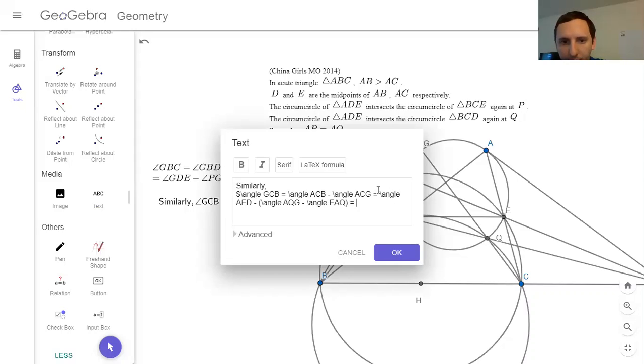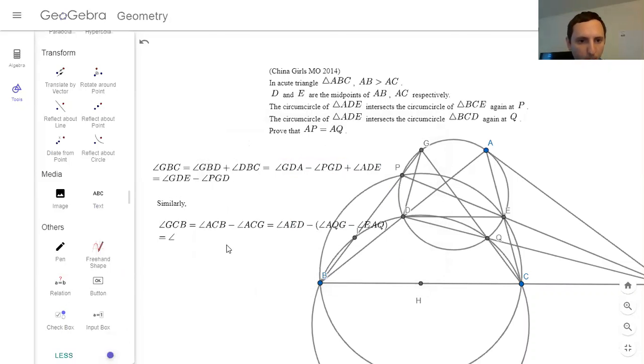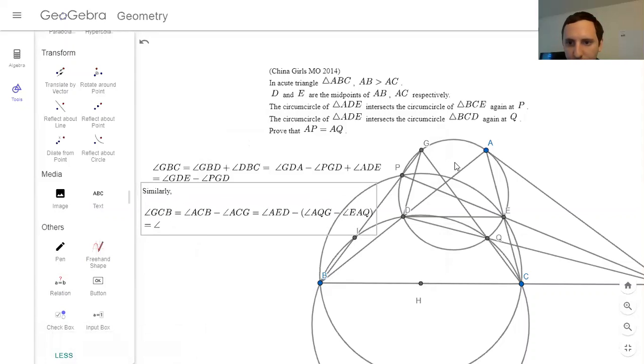And that simplifies to angle AED. AQCF looks cyclic.